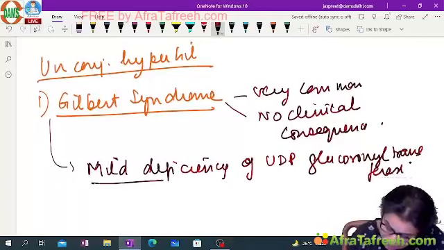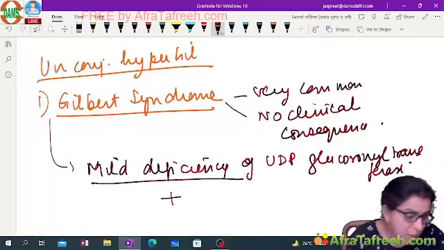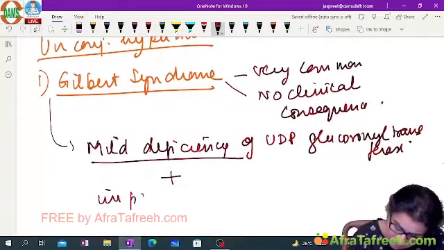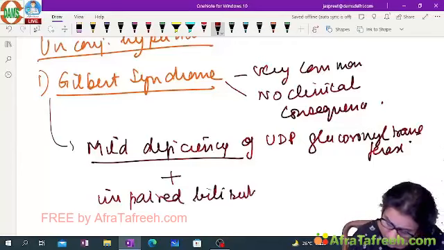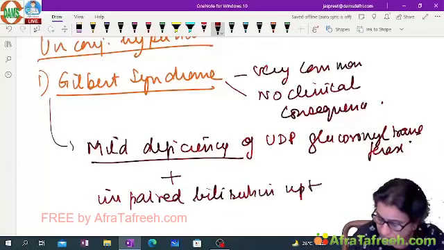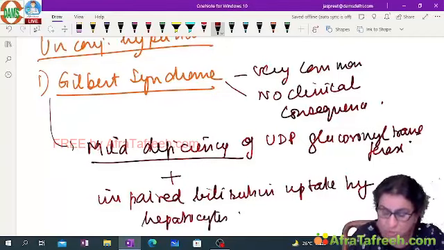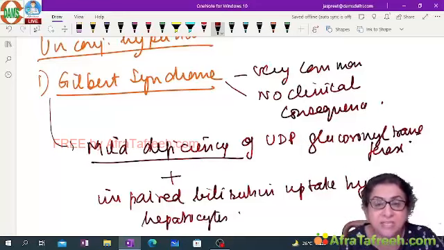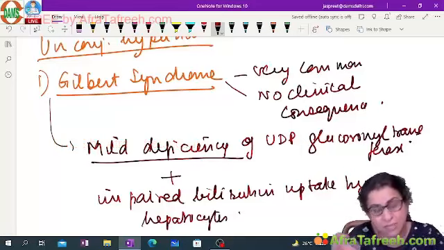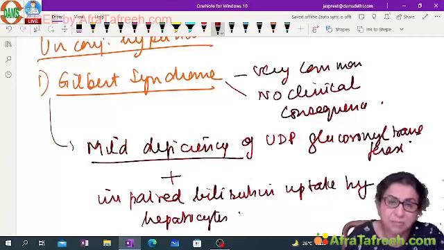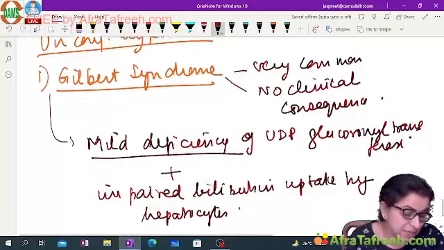Plus, there is also impaired bilirubin uptake by the hepatocytes. So unconjugated bilirubin is unable to enter the hepatocyte. There is impaired hepatic uptake, and very important, a mild deficiency of the enzyme as well.